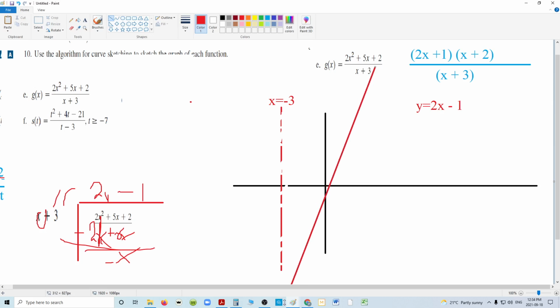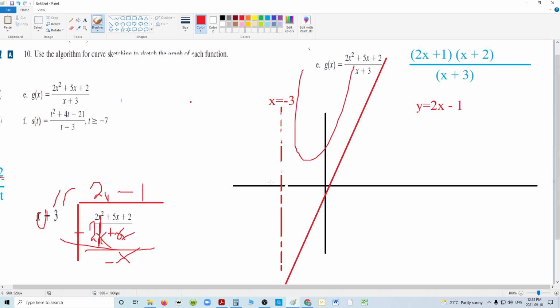So you're looking at something like, a little inaccurate, but something like that, which means it's going to maybe cross or maybe hug like that.